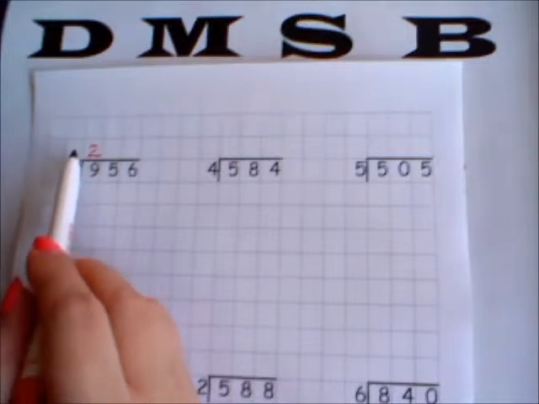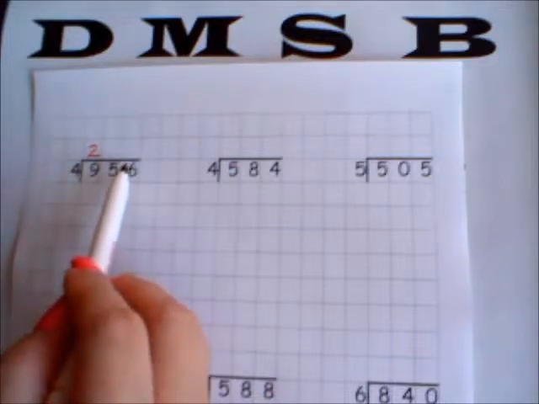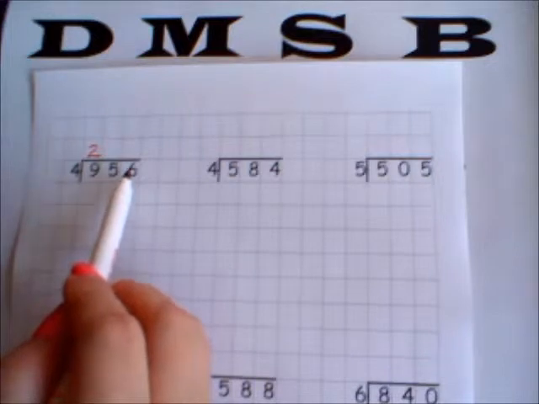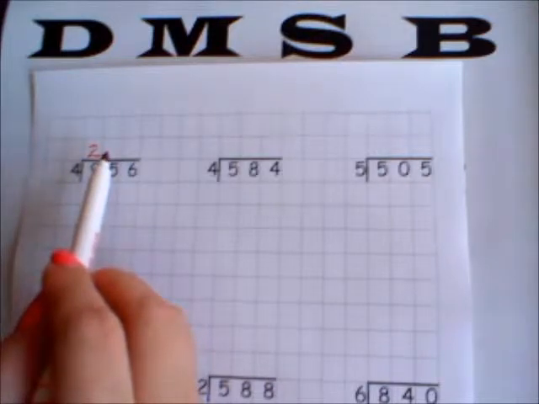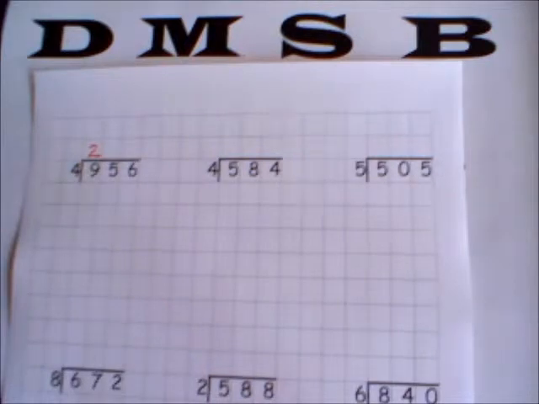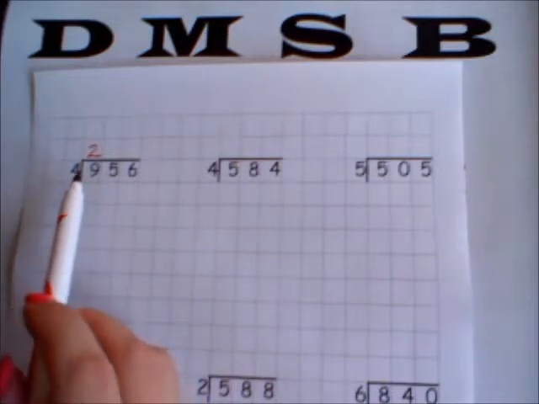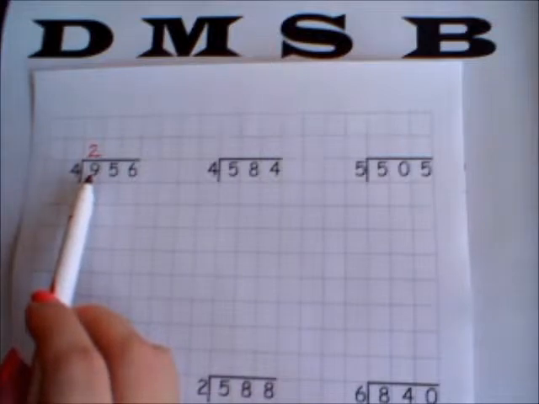In division, our number on the outside of our division symbol is the divisor, and the number underneath our division symbol is our dividend, okay? And our answer is called our quotient.